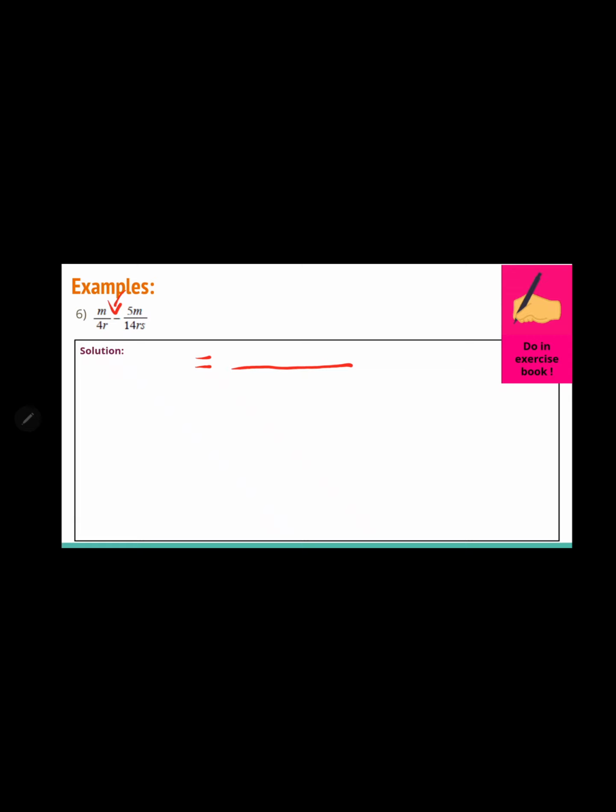Now the common denominator, I think I can have 14. No. 4 and 14, what is the common one? 28. Okay, I think I have to put 28RS. So how to find the common denominator? You have to find the smallest common multiple.